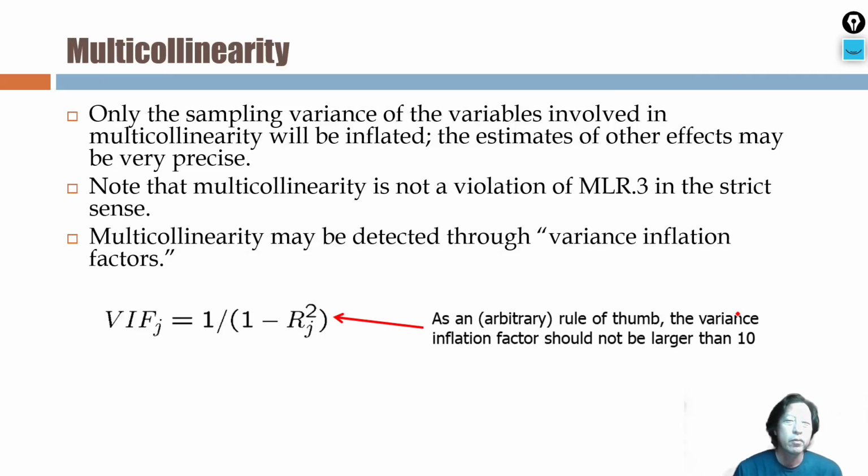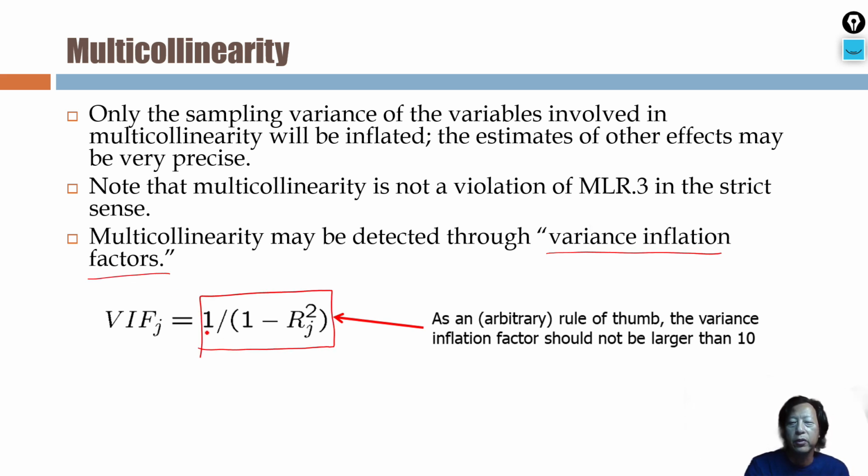So how can I tell we have multicollinearity? Even though variables are not related to each other, they will have a little bit of correlation, right? So what you can do is calculate the VIF, the variance inflation factor, this way, and if this number is greater than 10, then we say there is some problem.